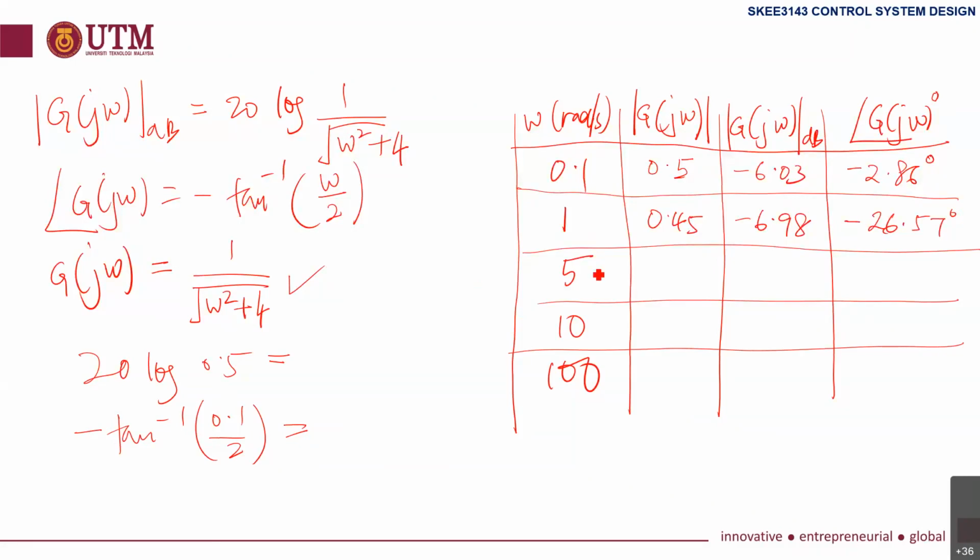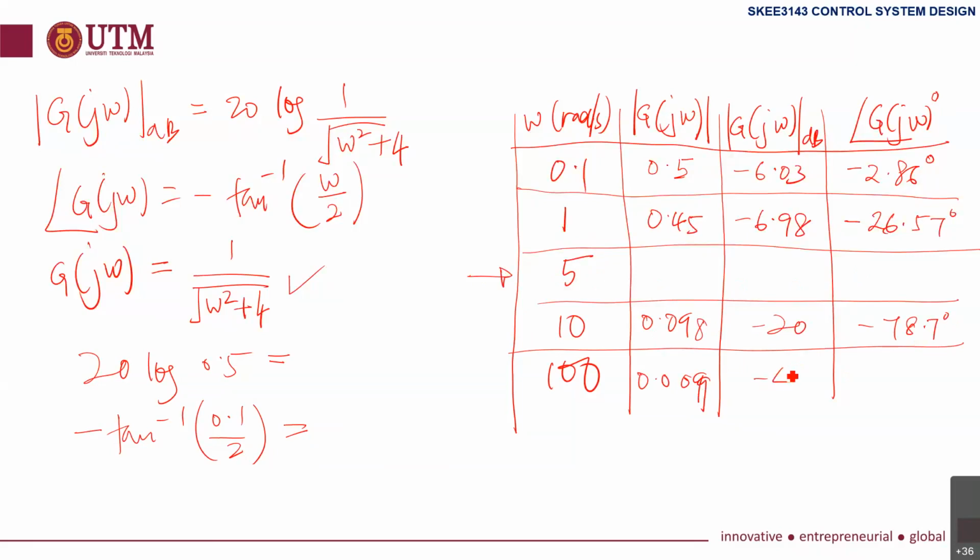Okay. Let's do all. This one you skip 5. Later you complete 5. 10. If you continue, you get 0.098. Here, this is minus 20 dB, minus 78.7 degrees. 100. 0.0099.